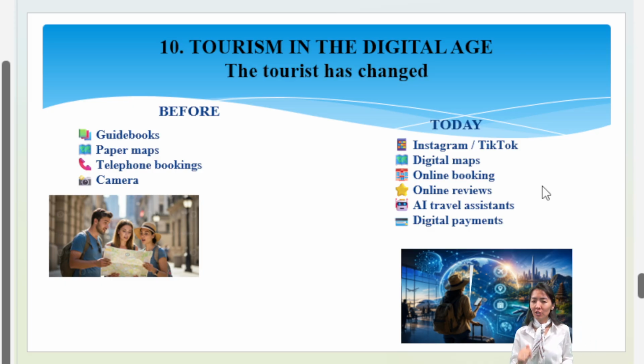Then digital maps; now tourists don't use paper maps. Online booking and online reviews are also very important. And now we can use artificial intelligence chatbots, which is very important. Even tourists use digital payments, which are very quick and fast, unlike before.